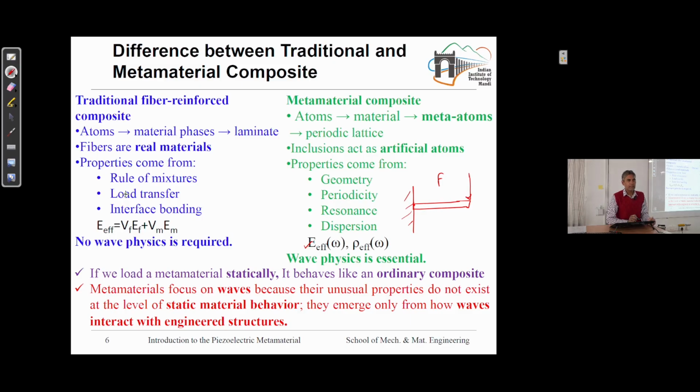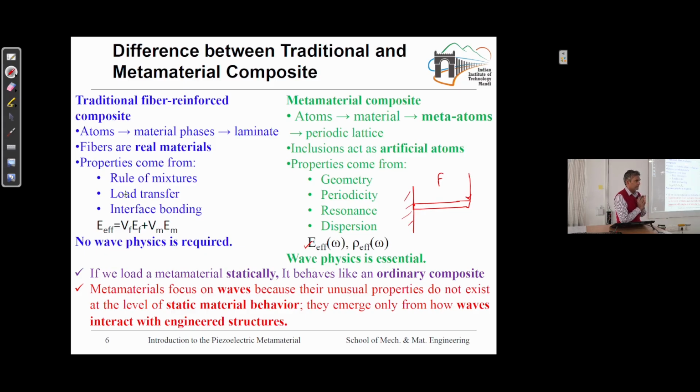So we have electromagnetic waves, vibration waves, sound waves, even heat waves. If heat has fluctuations or is transient, then you will have fluctuation in the heat, and we can call them heat waves. So wherever we have waves, we can use metamaterial.